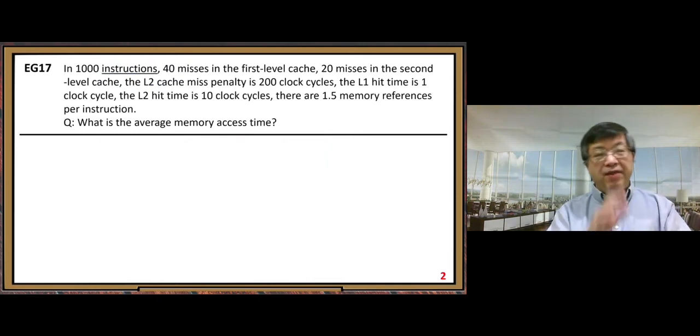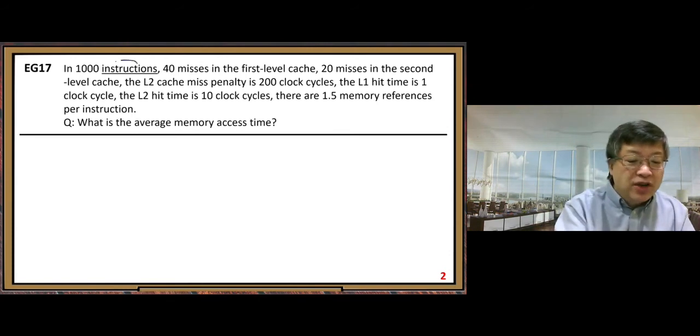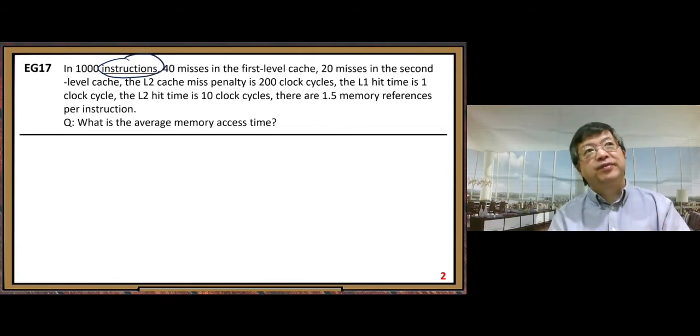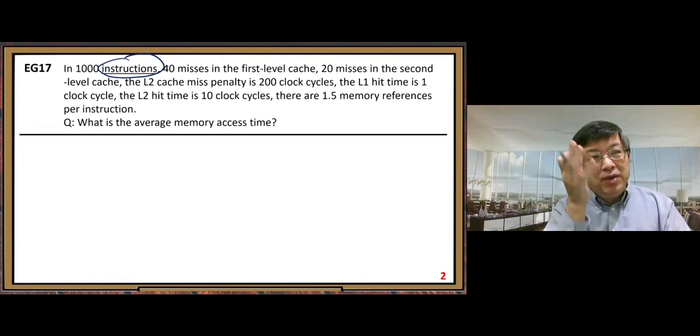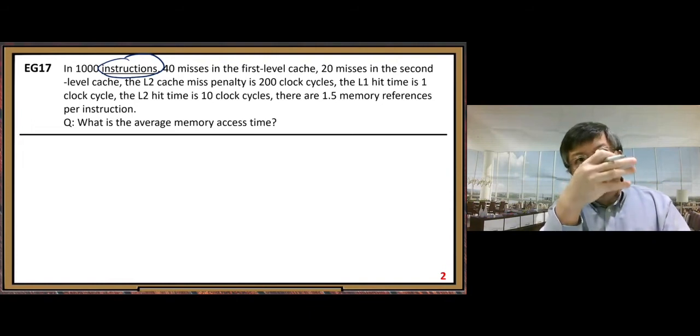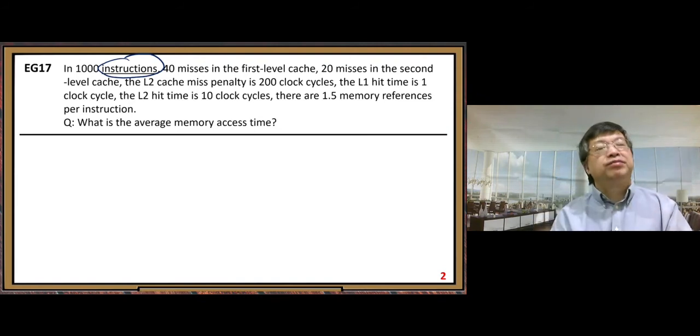All right, next example. Here I modified it. First modification: in 1,000 instructions. Here, it is not memory references, it is instructions. So in order to calculate the miss rate, you need to convert it to memory references.